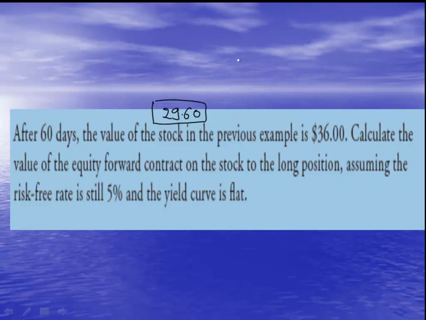Yes, it was 100 days. So now you're here. This is time 60. This is 100. Now be careful that at 85 there was a dividend, and the amount of dividend was 0.4.